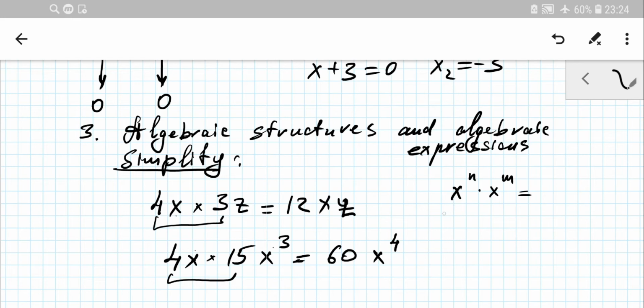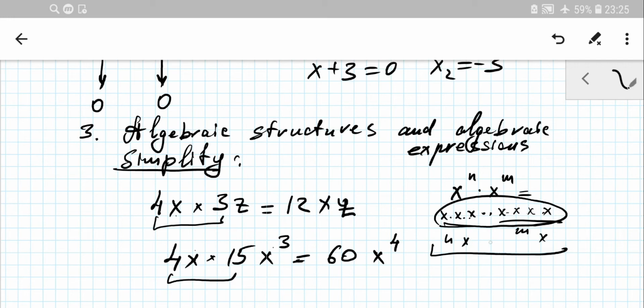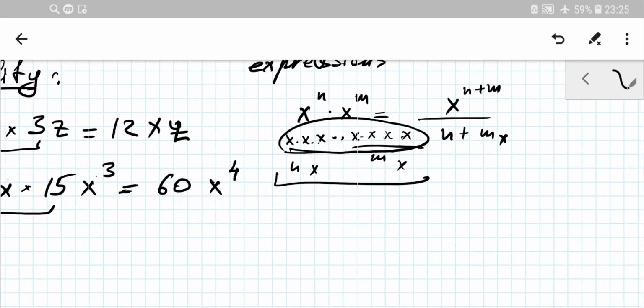So what it means, you have n x's here, and you multiply by m also x's. So they're identical, so m x's. So in total, you're still multiplying, right? So how many x's in total? Obviously n plus m. So you write this as x to the power of n plus m. And this is sort of the proof of this property.